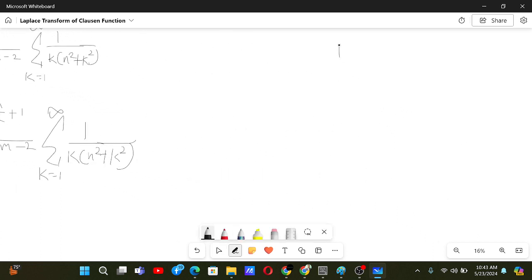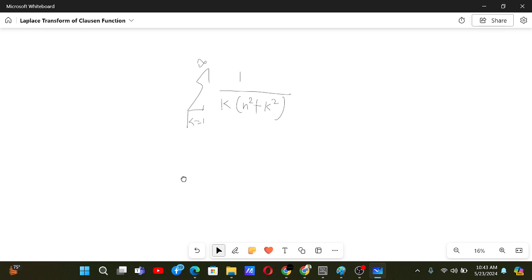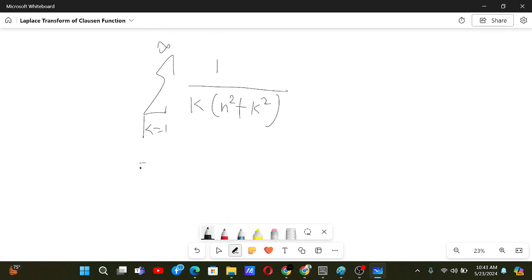Now this is an interesting sum because it involves the polygamma function or digamma function. How I begin solving this is we have to factorize n square plus k square, as we have done before. To factorize n square plus k square, we need to use complex numbers.